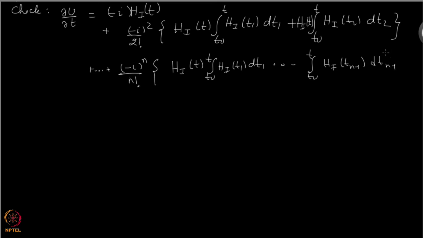Okay, so this n minus 1 is telling you that there are n minus 1 such factors, and then you will have other terms. Just like you had two terms here, you will have in total n minus 1 terms. Okay, just like the above.